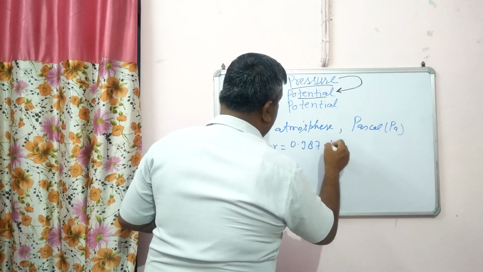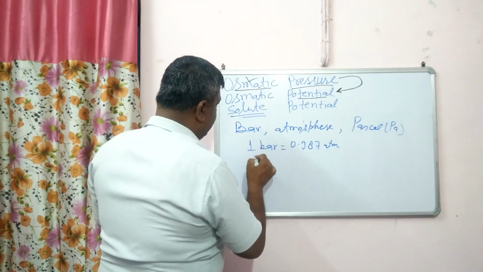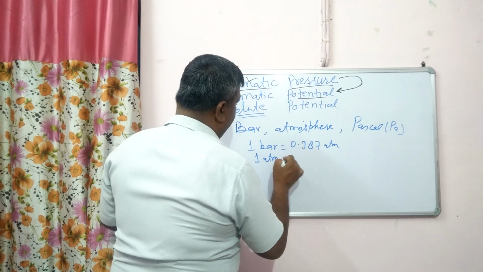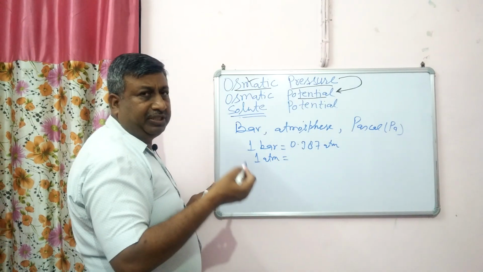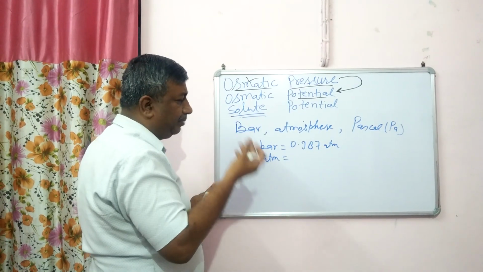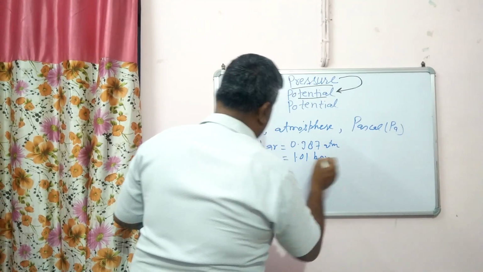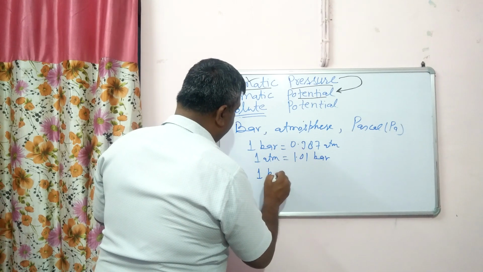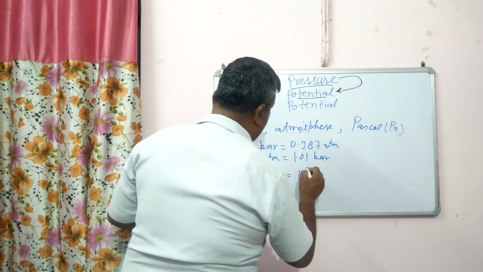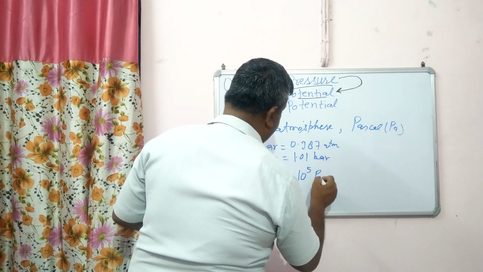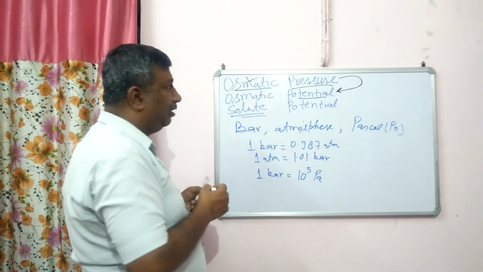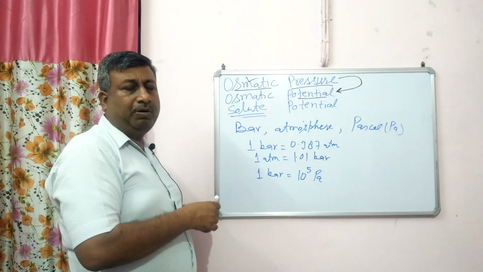Or 1 atmosphere pressure, which is very common because we take atmosphere pressure, is equal to 1.01 bar, and 1 bar is equal to 10 to the power 5 Pascal.